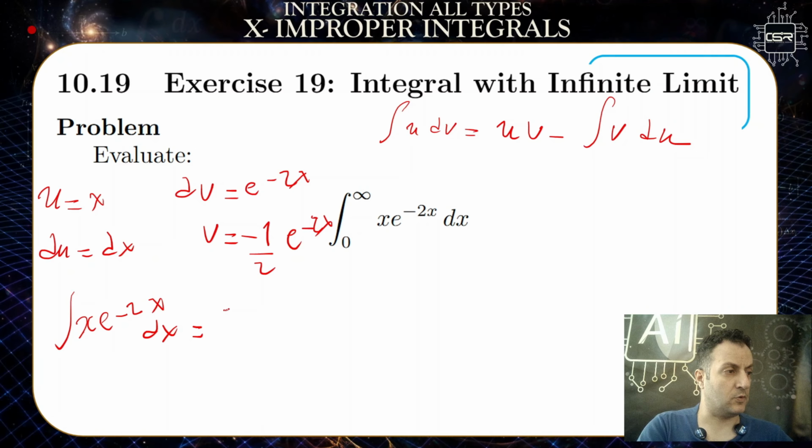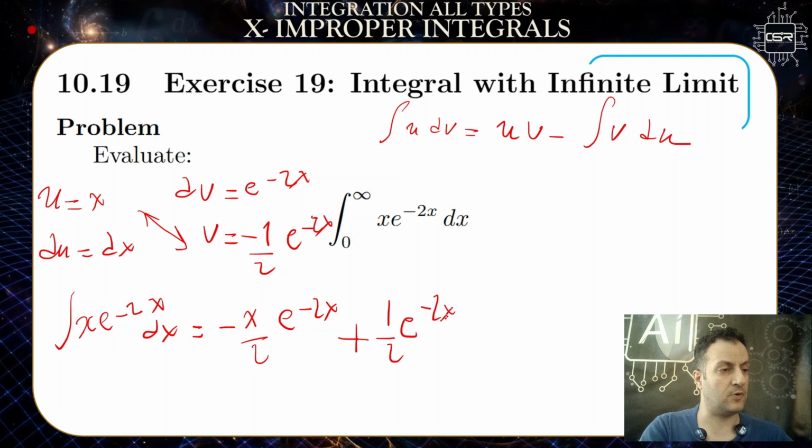So this is equal to -x/2, this is uv, e^(-2x), minus integral of v du, minus minus is plus. So plus 1/2 e^(-2x), du is dx.